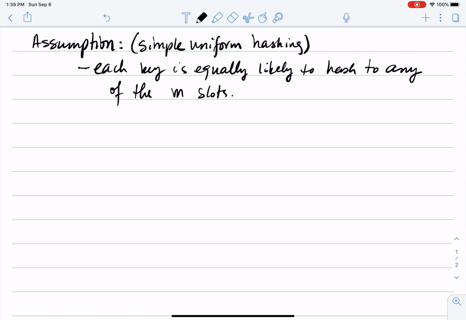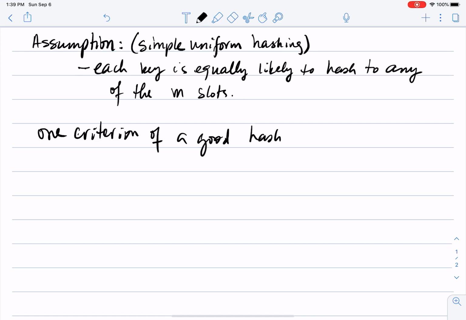This is a very important, very powerful assumption because it allows the keys to distribute uniformly across the table. And the size of the lists when we have collisions is not going to be very large. We are not going to have that worst case scenario where one slot in the hash table has a very long list.